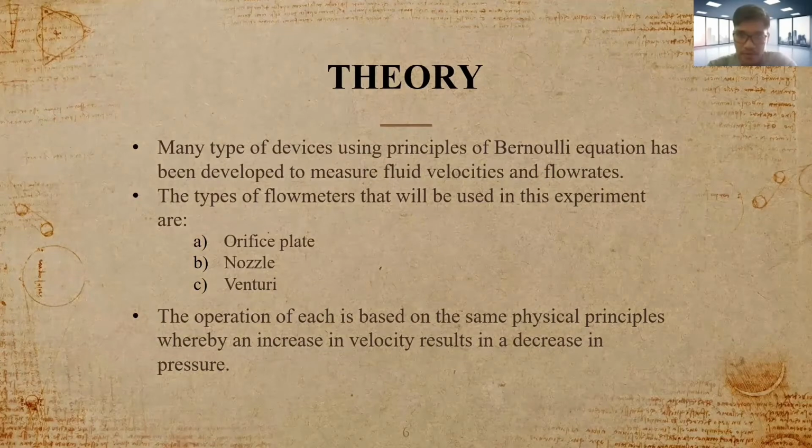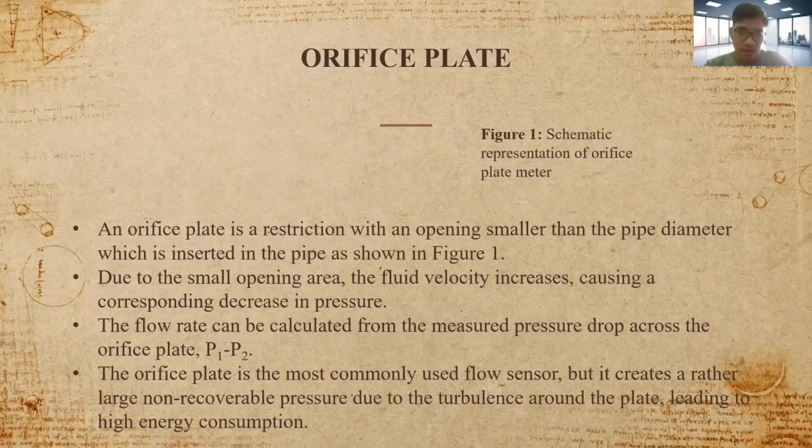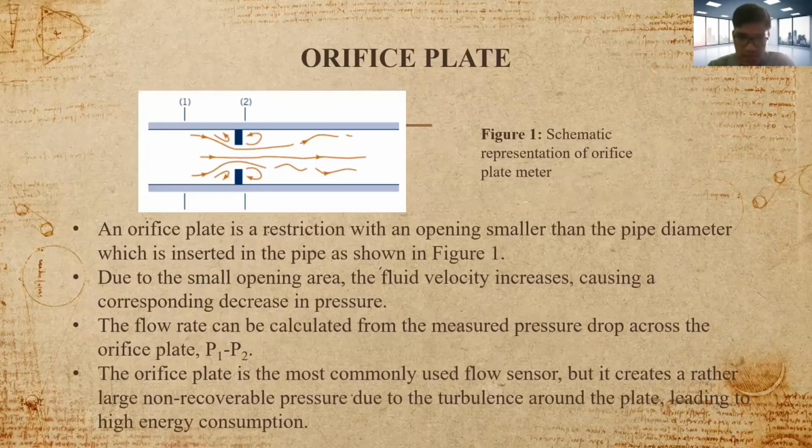First, the orifice plate. An orifice plate is a restriction with an opening smaller than the pipe diameter, which is inserted in the pipe as shown in Figure 1. Due to the small opening area, the fluid velocity increases, causing a corresponding decrease in pressure.